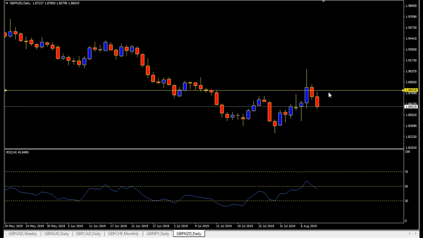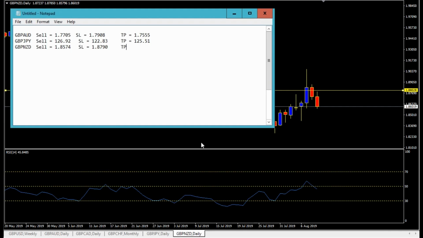This is going to be the stop loss. Let's see what the take profit is equal to.